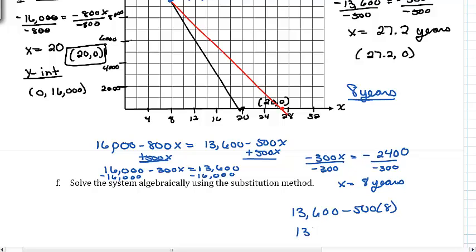We get 13,600 minus 4,000. And again, I'm just going to check my numbers. And that ends up giving us a value of 9,600.